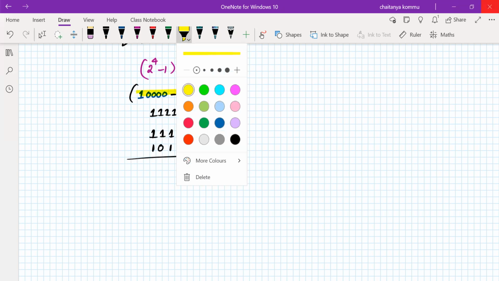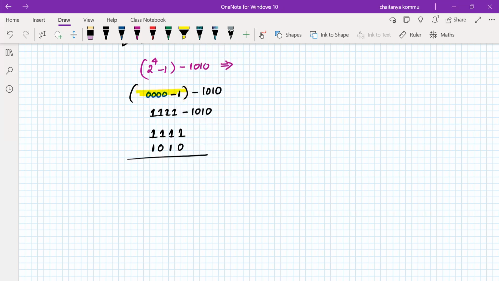The meaning of this 2 power n minus 1 is that it does not allow you to take a borrow from anything else.